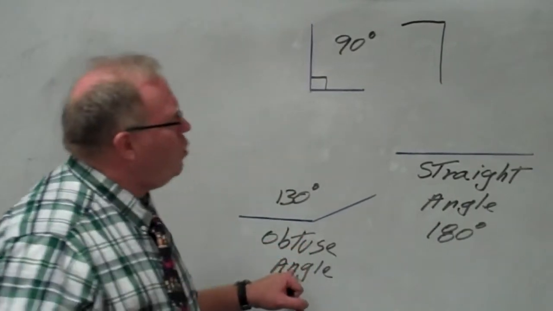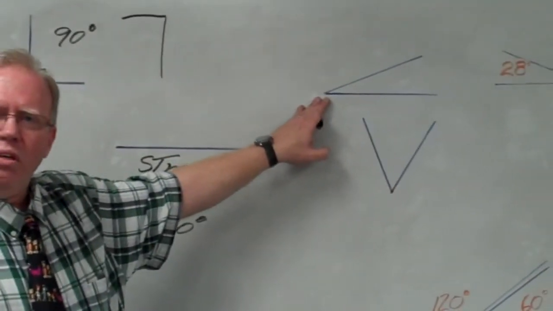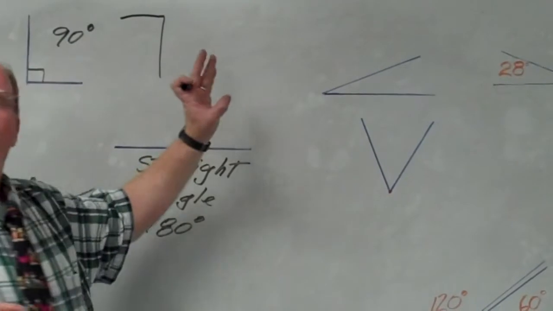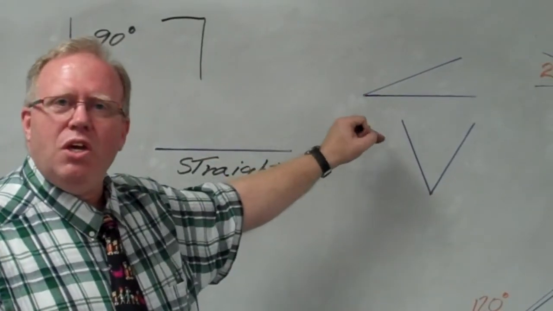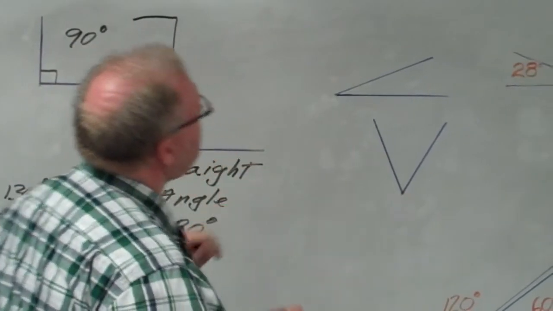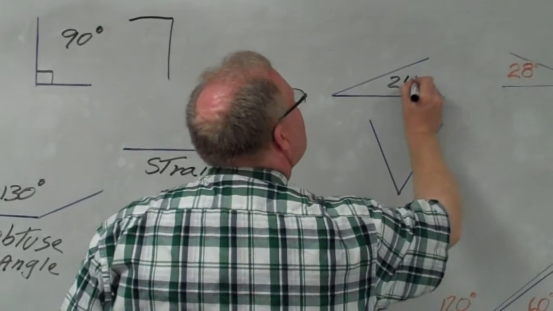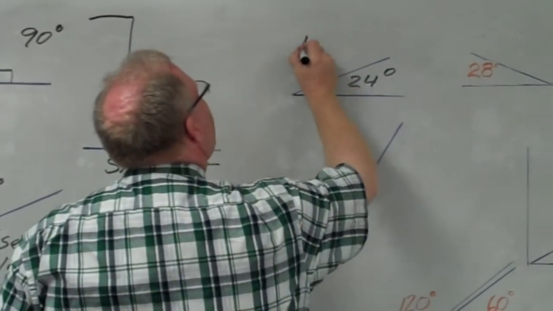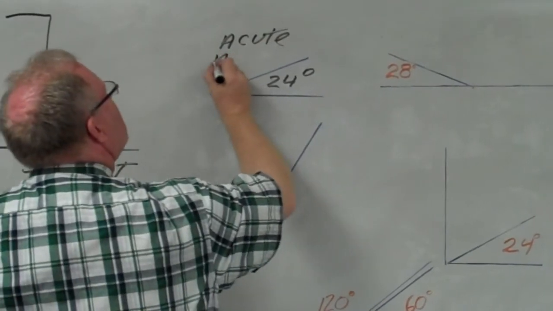So if that's obtuse, that's got to be acute. So an acute angle, bigger than 0, but less than 90. That would be an acute angle. This one, it's certainly looking like it might be about 24 degrees. So I'm going to write that in there and write up here acute so I can remember what that is.